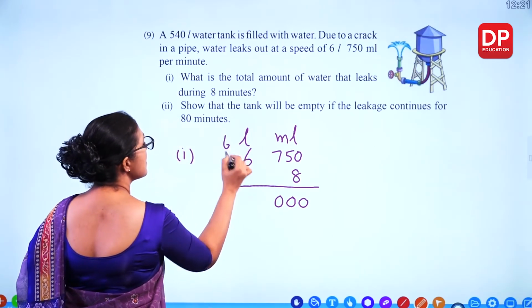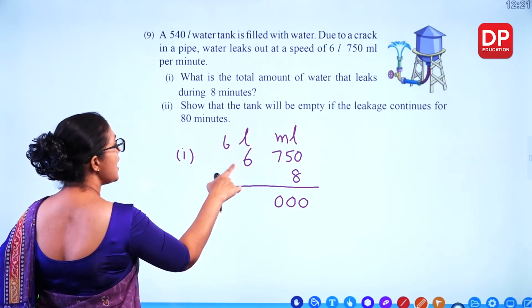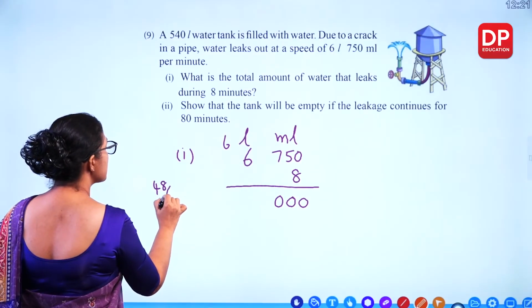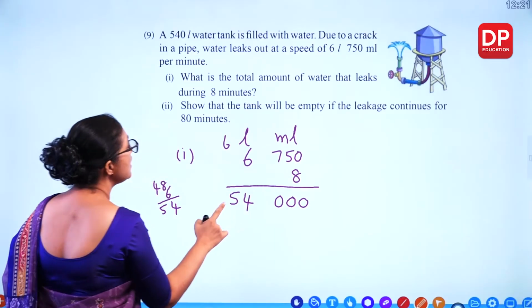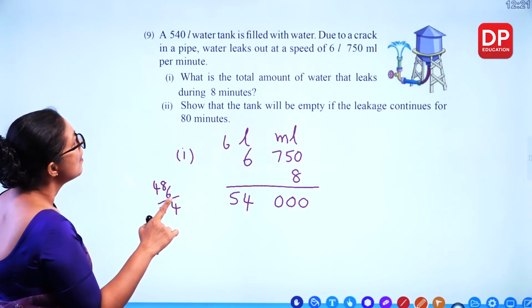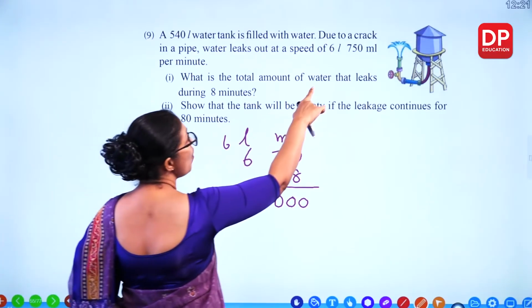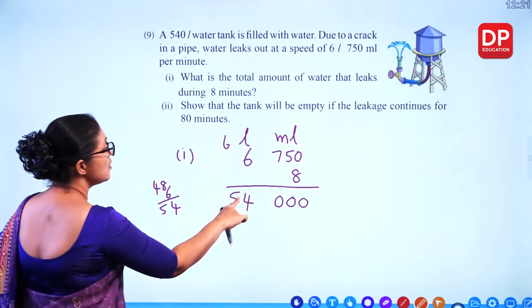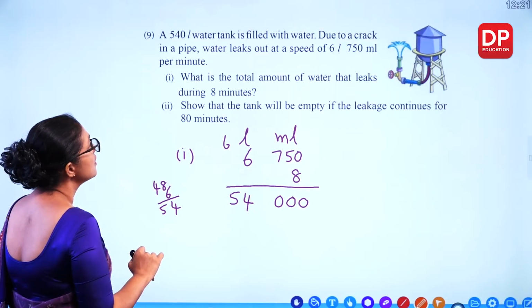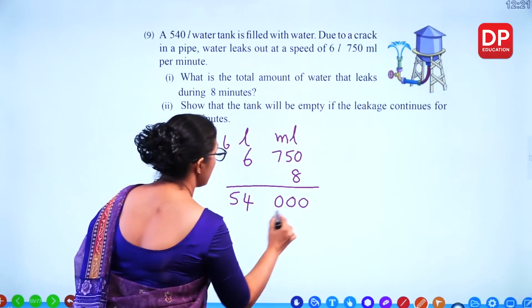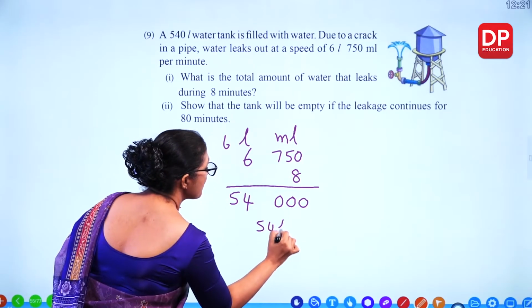And you take 6 here. 8 times 6, 48. 48 plus 6, 54. So 54 liters of water is leaking. I can write 54 liters.